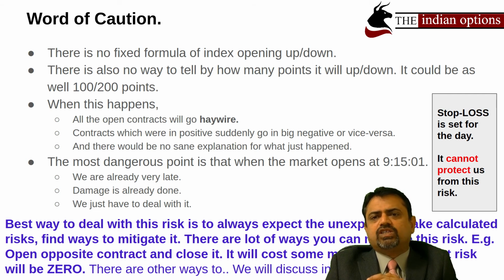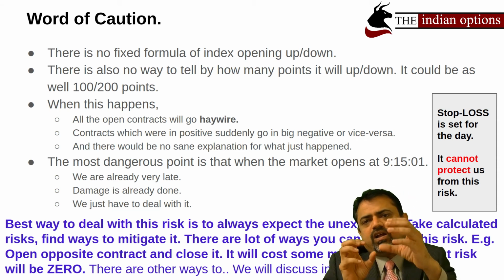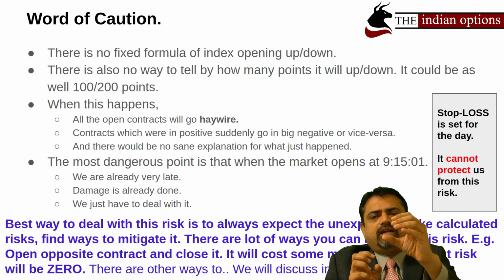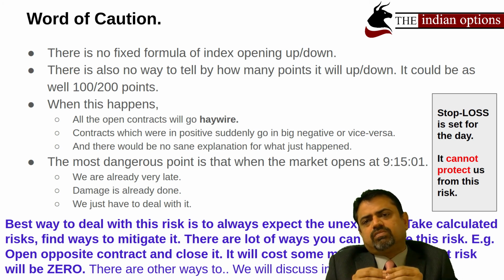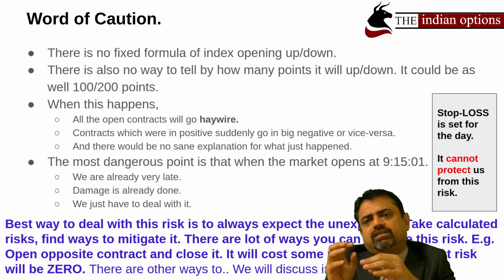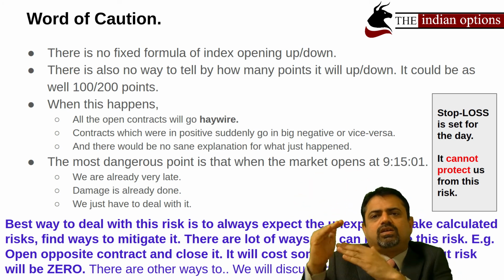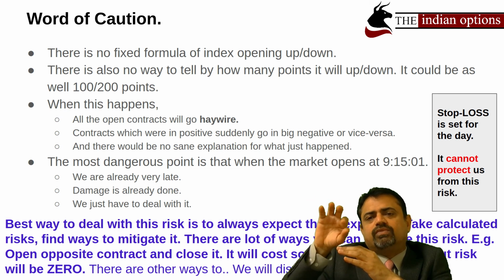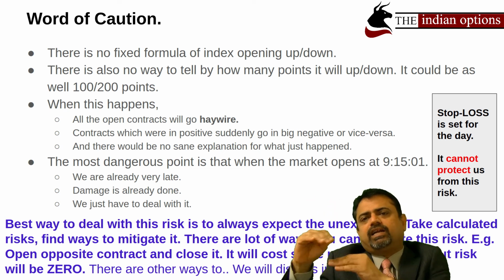There are various ways to mitigate this risk. If you really fear that the market going up and down is going to be a problem, then the previous evening you can open some opposite trade. It will cost you some money, but at least you can sleep peacefully. And the next day, when the market doesn't fall, or whatever happens, you can close off the hedging trade that you had done.